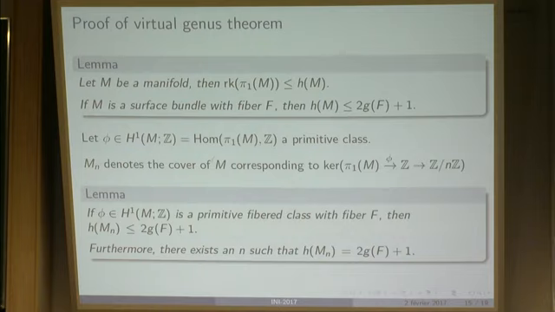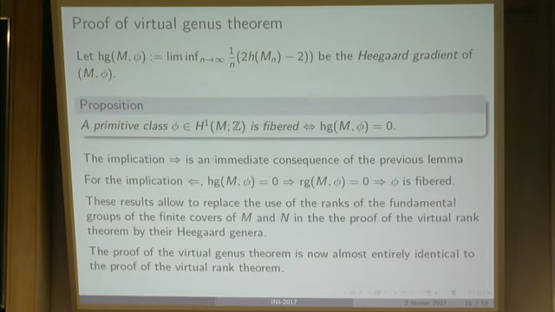So now, what is the thing? Either you use Lackenby's result: you have this Heegaard genus gradient, and the following proposition is true. If you have a primitive class, it is fibered if and only if this Heegaard genus gradient is 0.